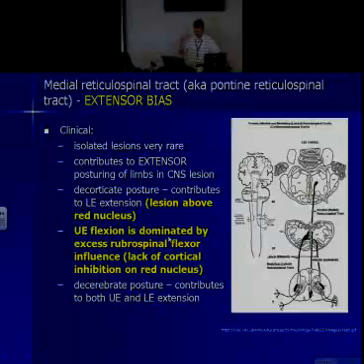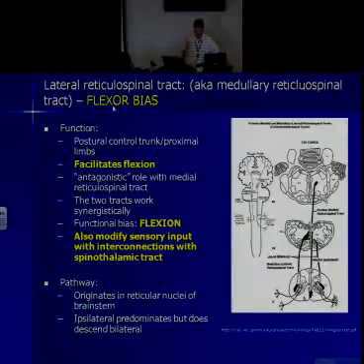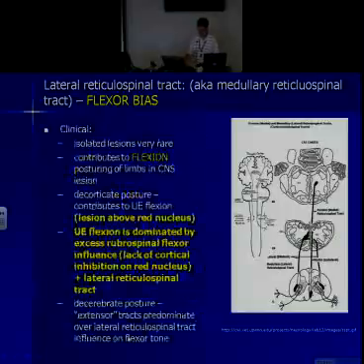I will ask you about the rubrospinal tract, but for these guys you should just know if there's damage to it and it can't function, you have a loss of extensor tone, and same thing with this guy. If there's damage to it, there's loss of flexor tone. So I'll leave it at that. Do not worry about ipsilateral, bilateral, any of that along the discussion.